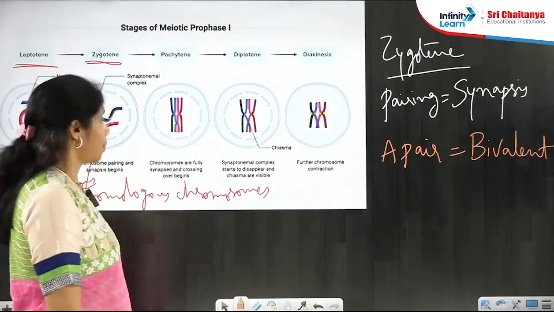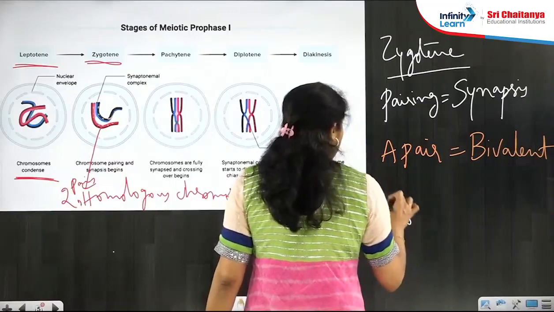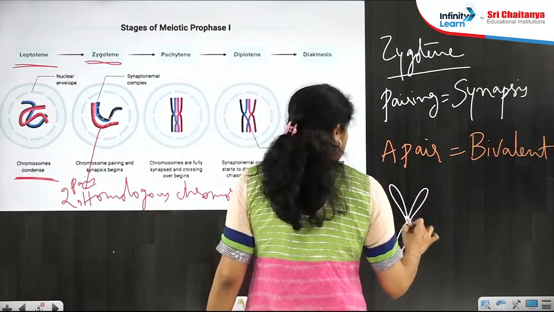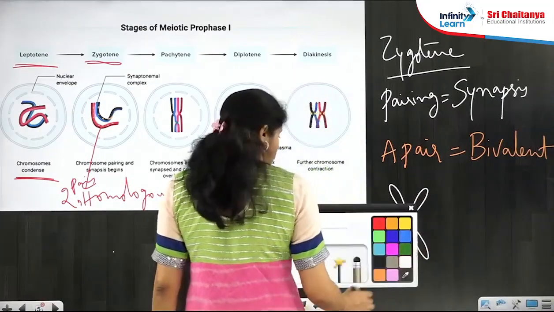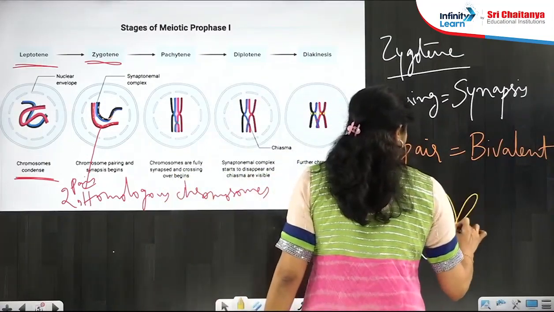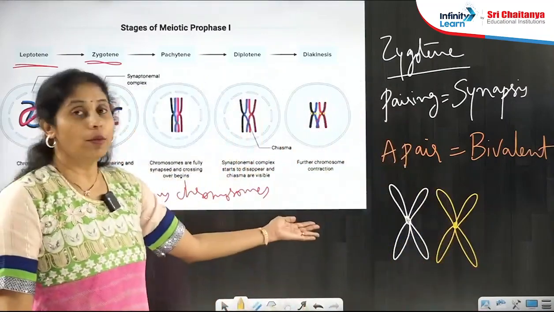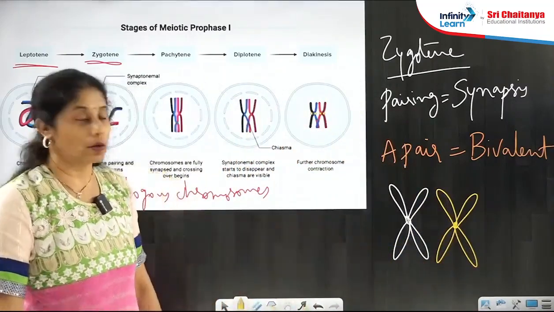In pachytene, each chromosome will have this type of structure. Two chromatids will be there, like this. One homologous chromosome and another homologous chromosome.